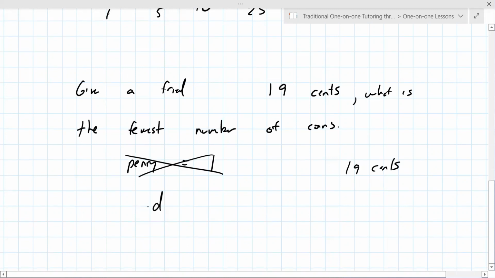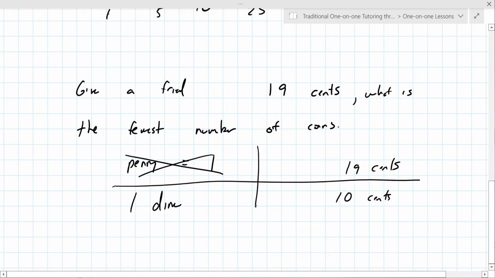So 1 dime is how many cents? 10 cents. So we're not quite there. How many more cents do we need after the 10? What's left over? The 9 cents.